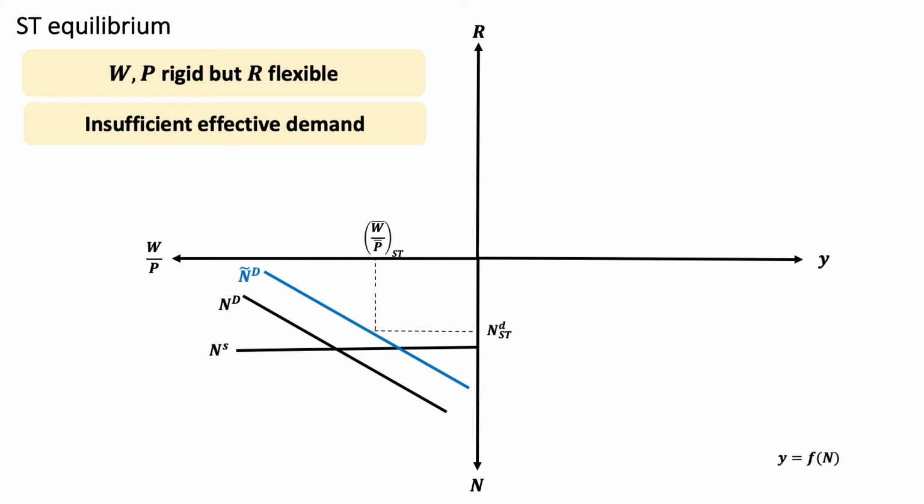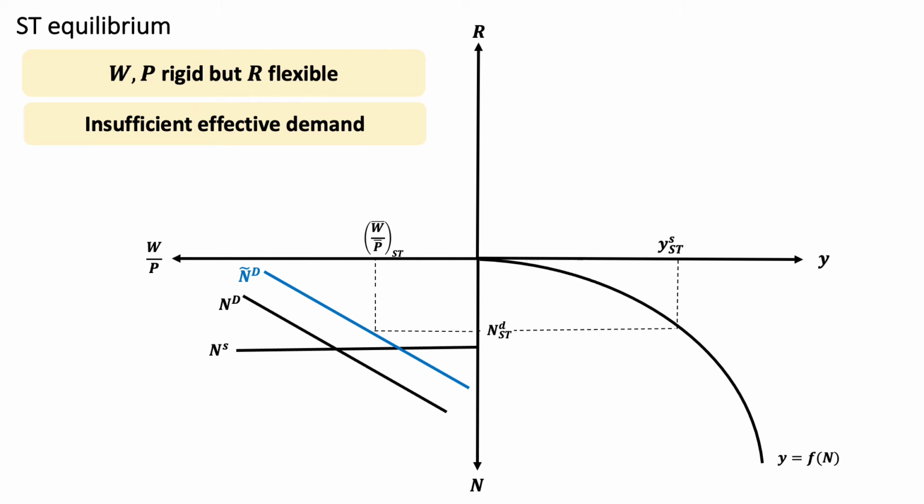To values of W and P fixed corresponds a value of W bar over P bar, at which the firms have a labor demand corresponding to short-term ND, and a supply of goods taking into account the technical constraint, which corresponds to short-term YS.